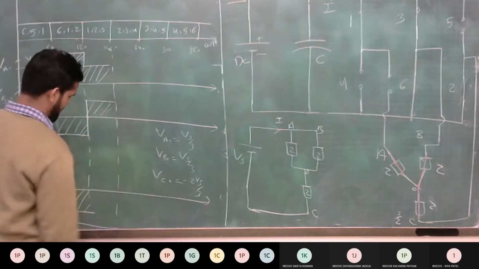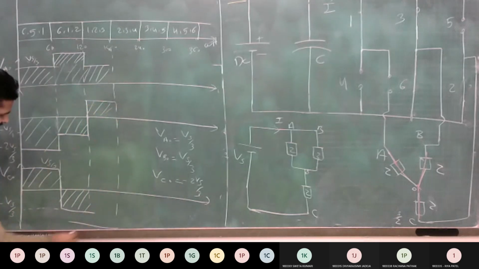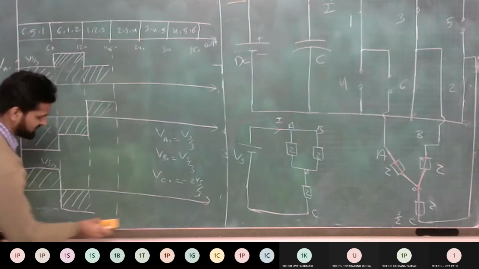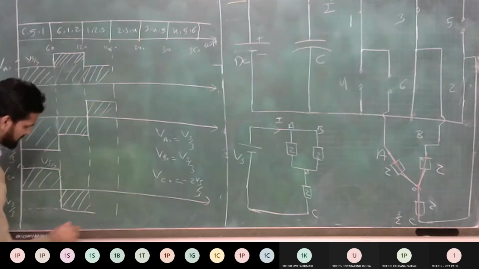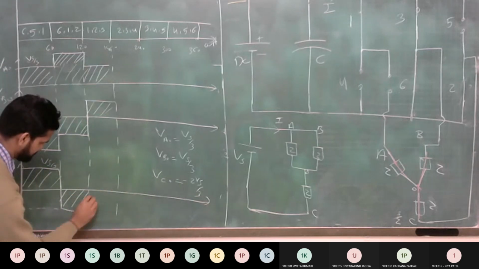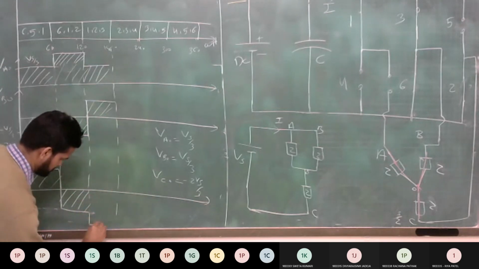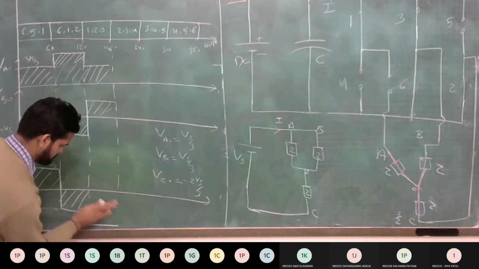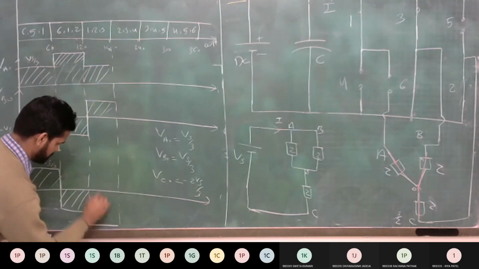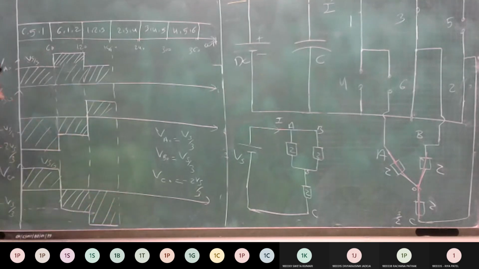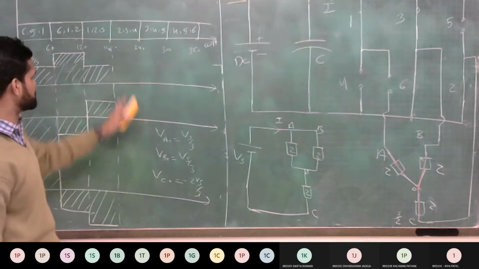And VC0 becomes minus 2 VS by 3; in the previous step it was minus VS by 3, so now it is minus 2 VS by 3. Here, this is the waveform for step number 3.